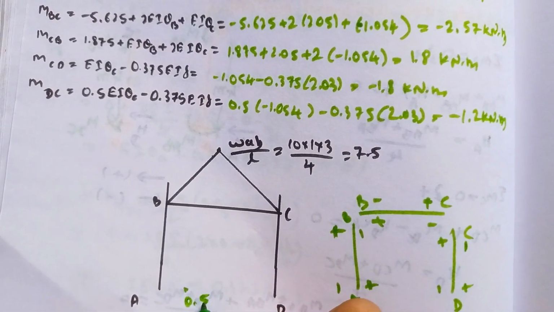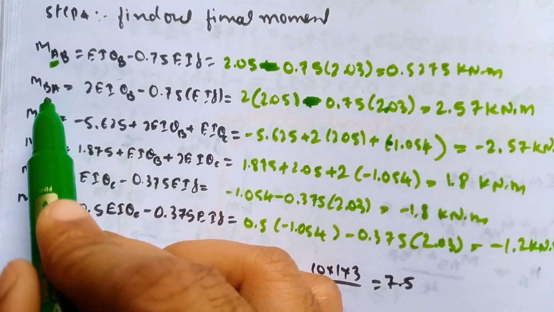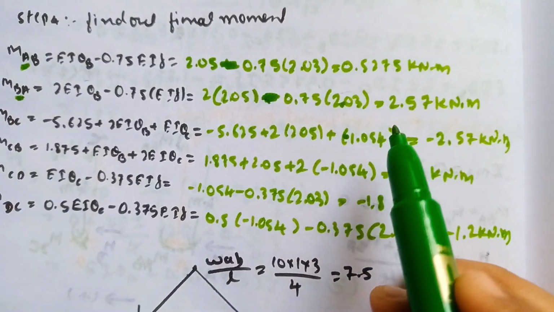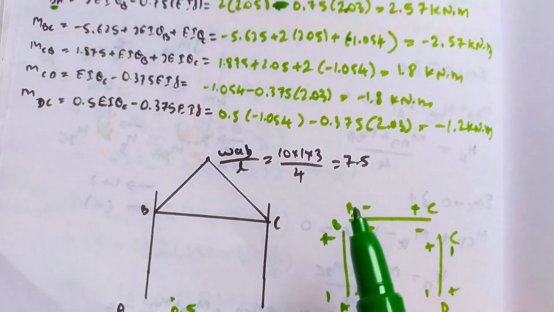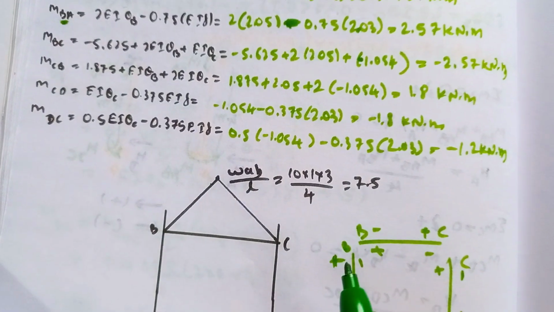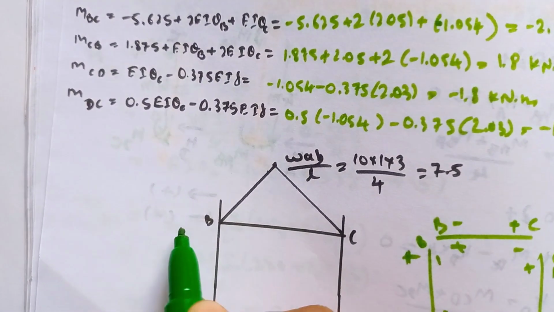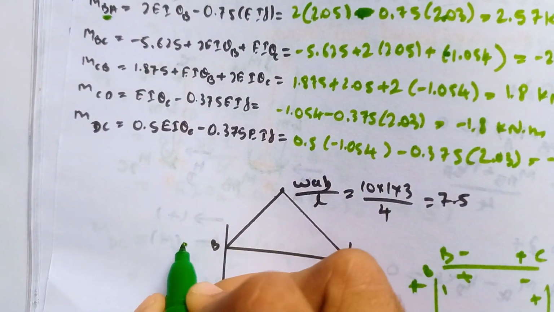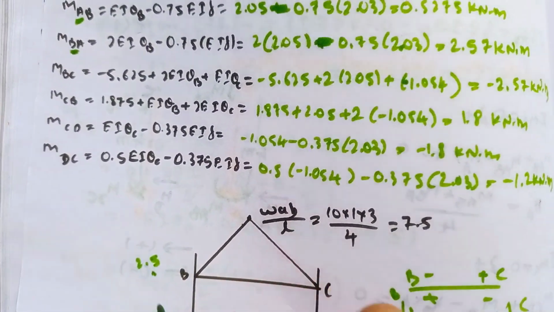Similarly, MBA, the first point is B. At point B, our value is 2.5. 2.5 means positive. It comes above the neutral axis, it means it comes here. 2.5. If you want, you can write the value 2.5.